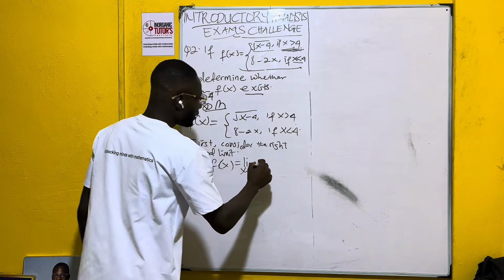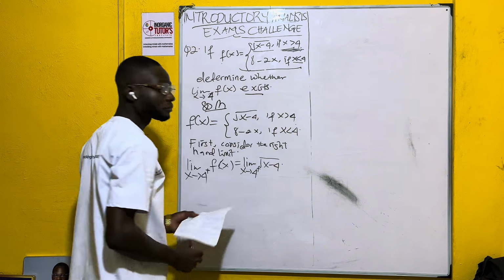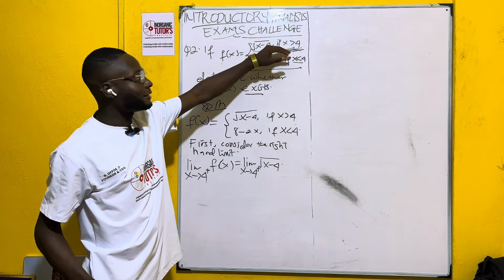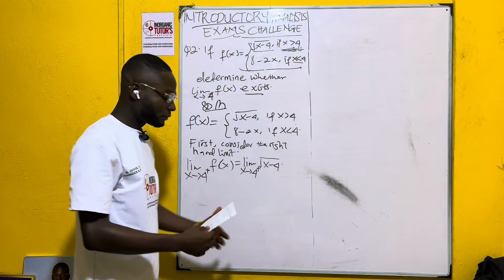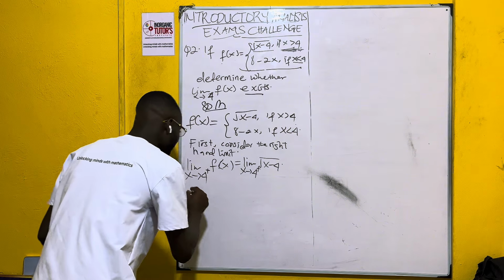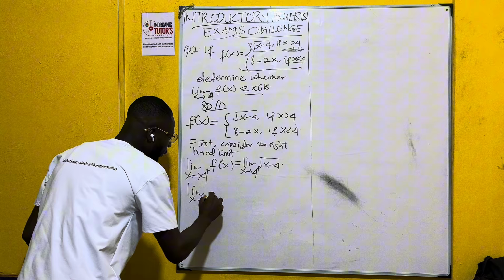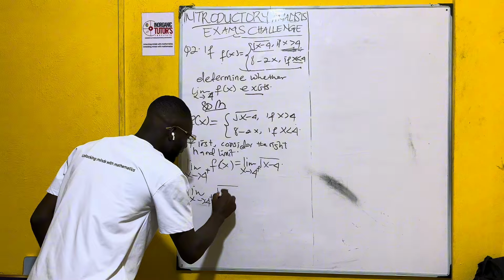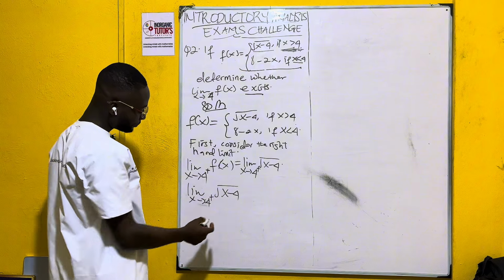So we have square root of x minus 4. So we are going to have limit as x approaches 4 from the right-hand side of square root of x minus 4.